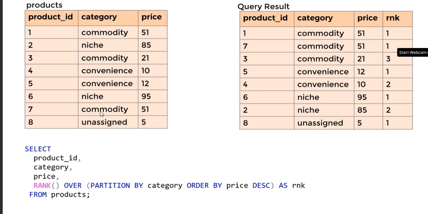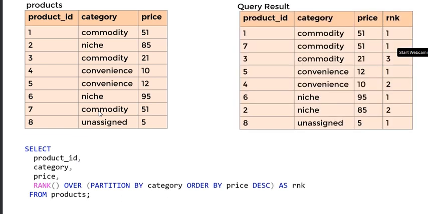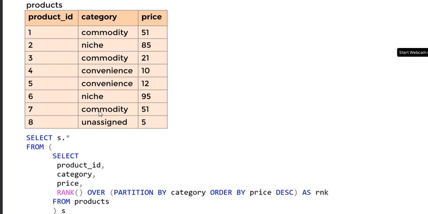Now all we need to do to get only the products which have the highest price for their respective product categories is to filter the data by selecting only rows which have a rank value of 1. So let's run that. This gives the result we wanted.